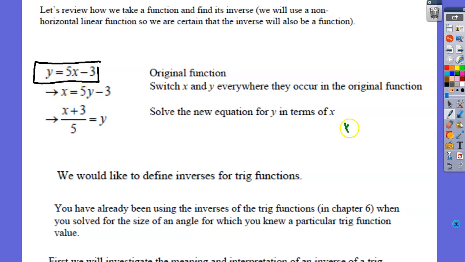For me personally, when I flip them, I like to write this. This means y inverse, and it lets my reader know that the answer I'm about to get is the inverse of the original y. You do not have to do that, but that's just a math notation that can sometimes happen. So we switch x's and y's places, and then we resolve for the new y value.